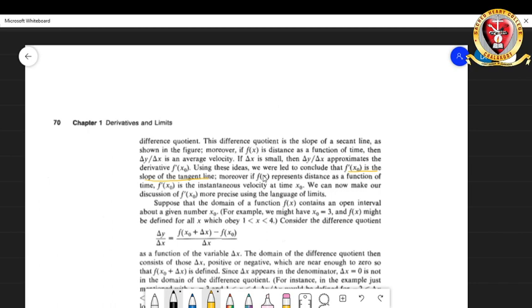So here the main observation we are getting from this is that f dash of x naught, which is the tending value of delta y by delta x as delta x approaches 0, is nothing but the slope of the tangent line.